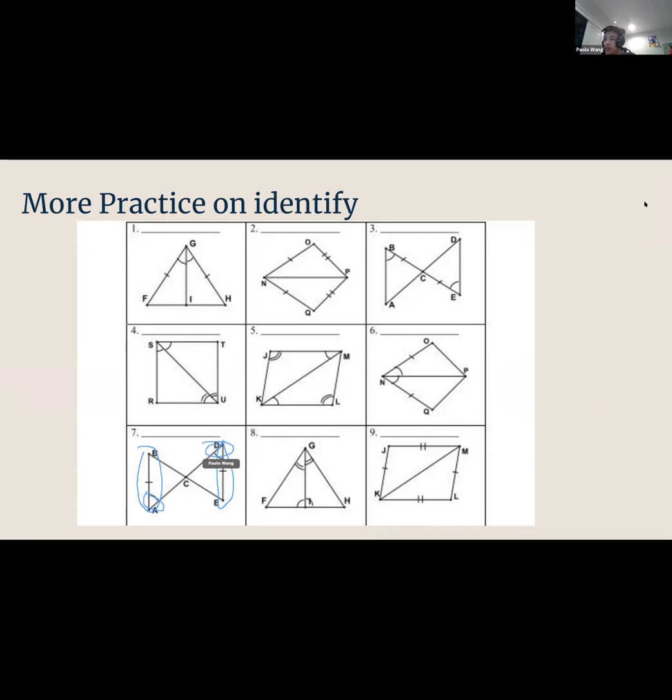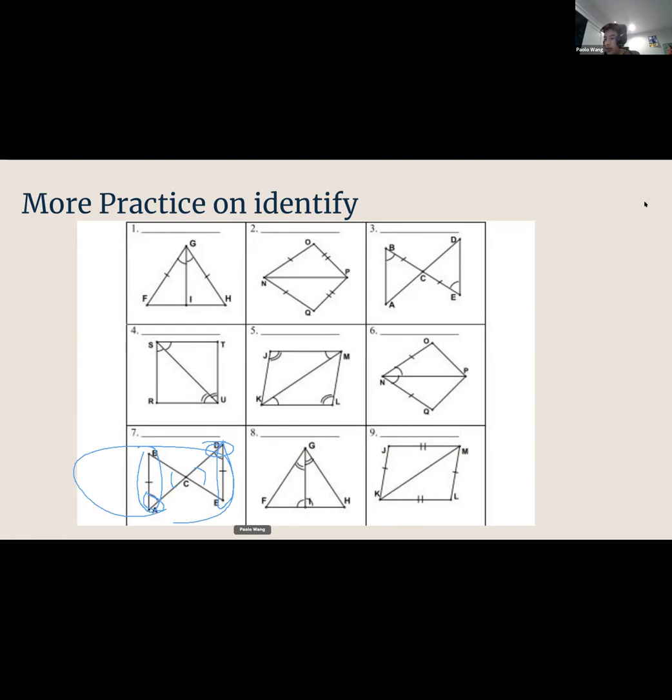And also, from that you can tell that these two angles are congruent. So from the AAS, you know that the triangles are congruent.